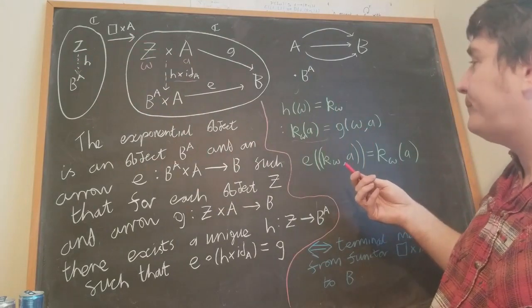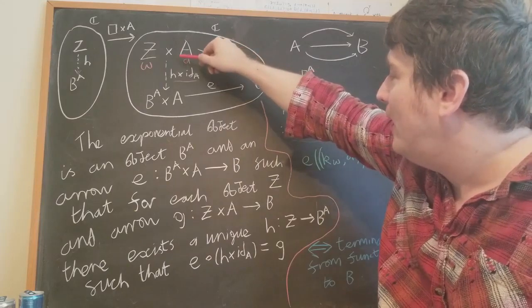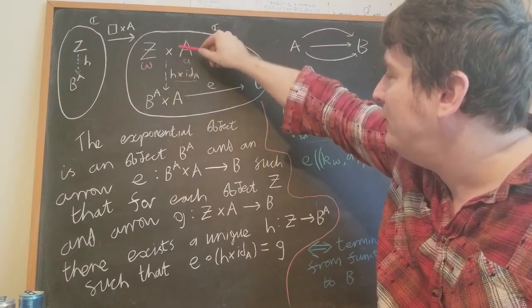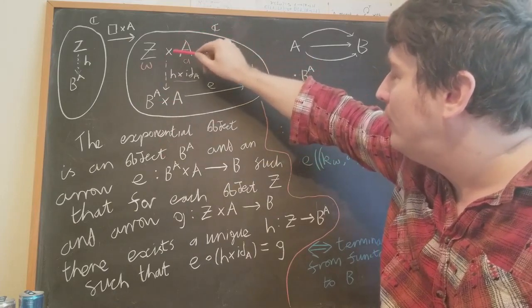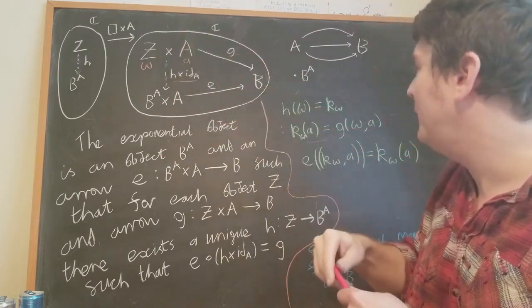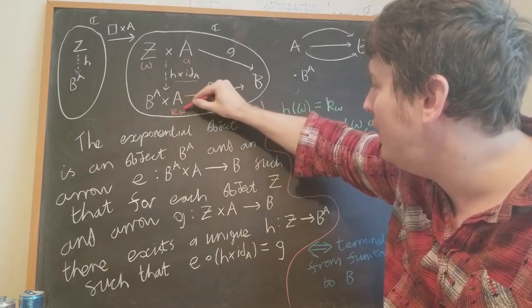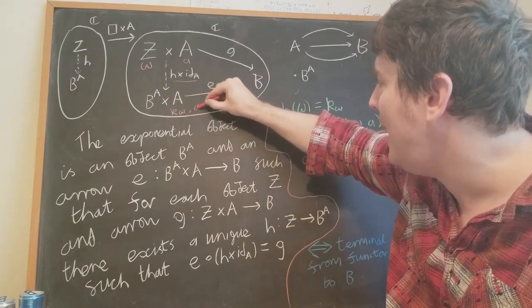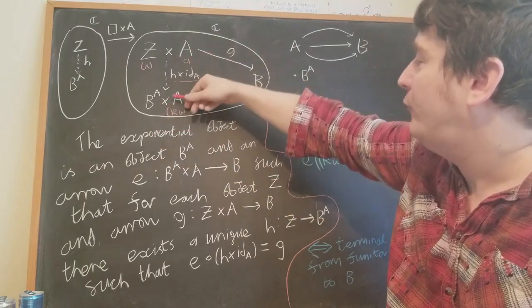And so we have a w comma a, and then when we do this arrow here, we leave the a alone, but this w becomes a k of w. So now we have a pair, k of w, a. And that's all we get here.